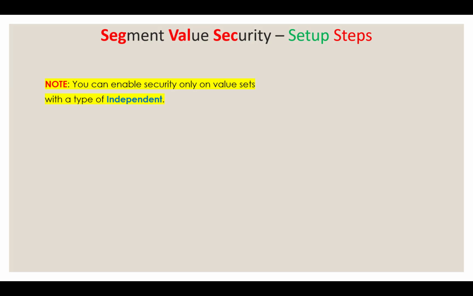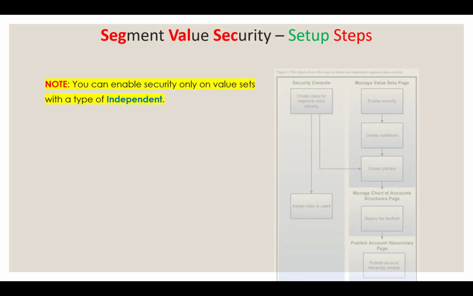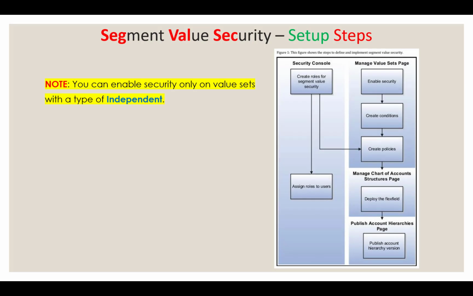So whatever the value set in your chart of accounts, first check the type of this value set. Is it table? You cannot. Is it dependent? You cannot. Is it any other type? You cannot. Only independent.